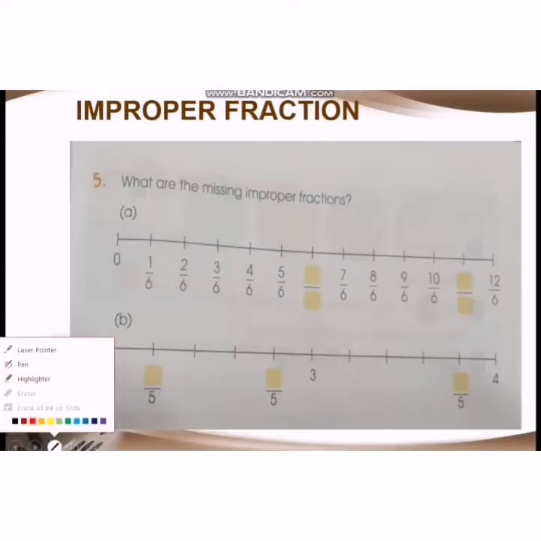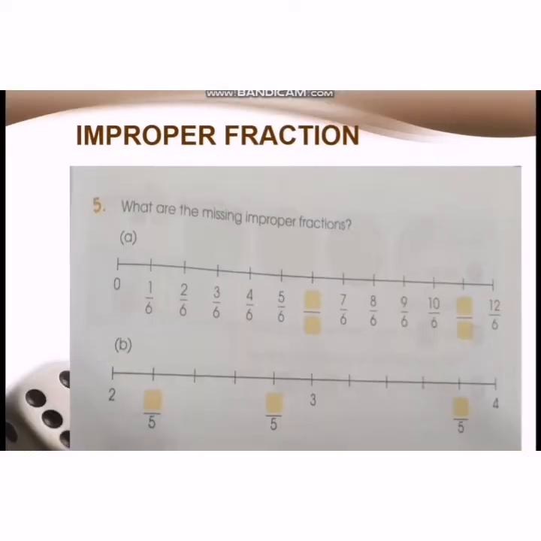Now we have an example from our textbook, page number 68. Question number 5. What are the missing improper fractions? Part A. We have 0 and 1 whole number. Now 0 to 1 is divided into 6 equal parts.